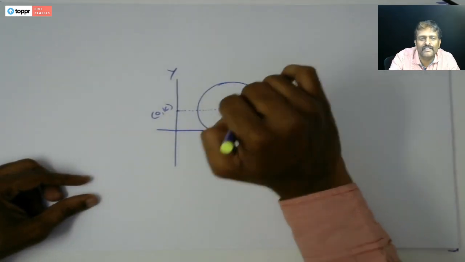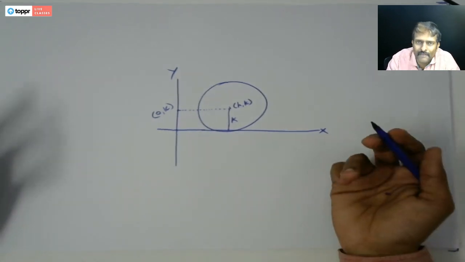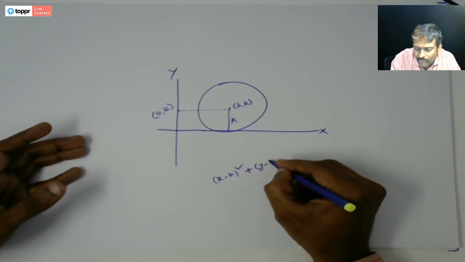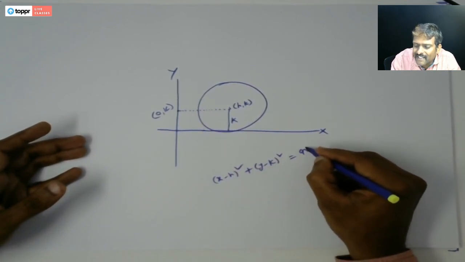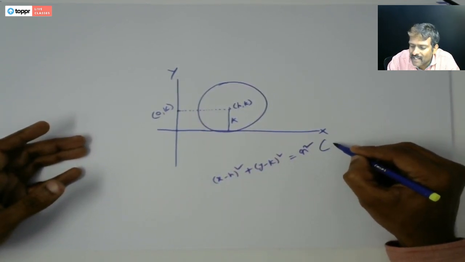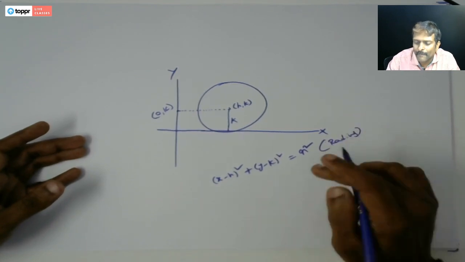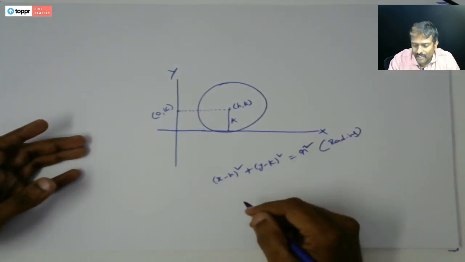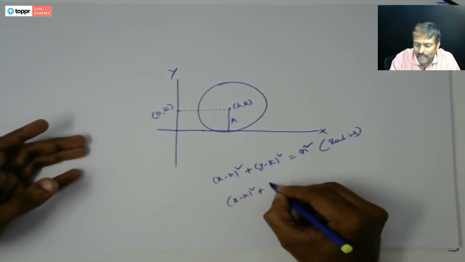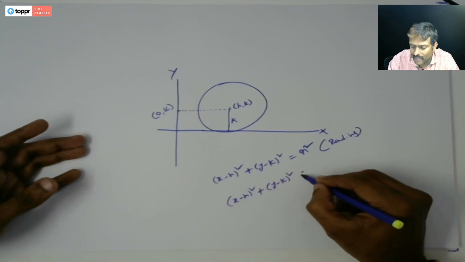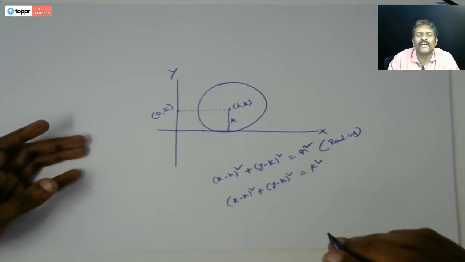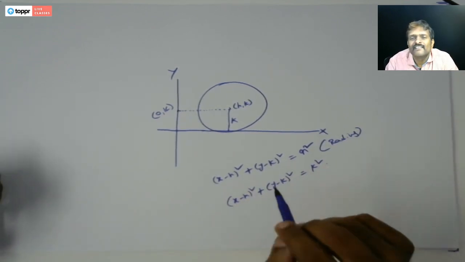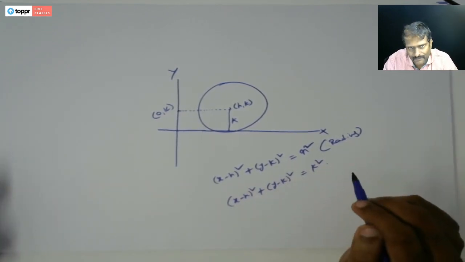So the radius of this circle here is k. Now what will be our equation? x minus h whole square plus y minus k whole square is equal to r square, where r is the radius, right? But what is the radius here? The radius here is k. So you can substitute k in that place. So x minus h whole square plus y minus k whole square will be equal to k square is the equation of the circle when it touches the x-axis, right?